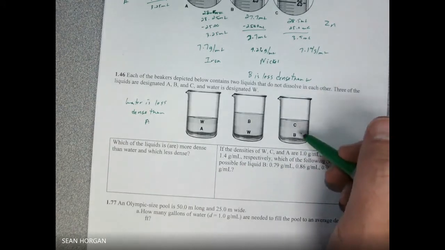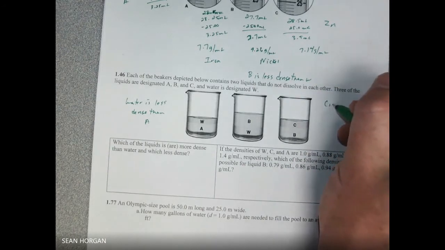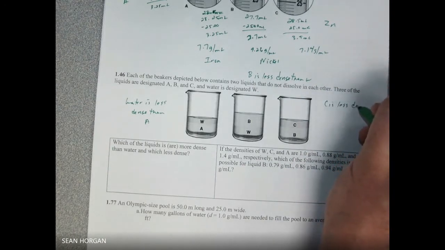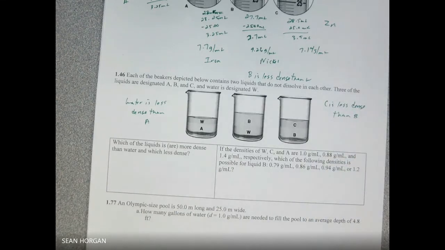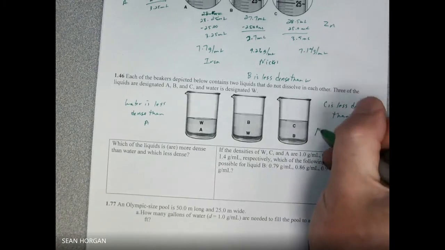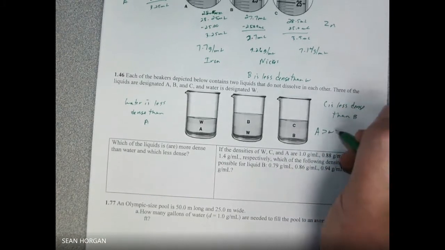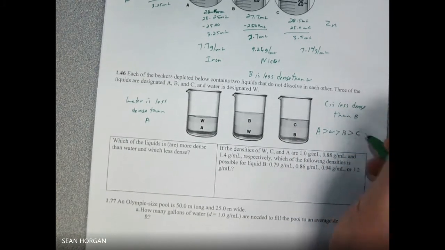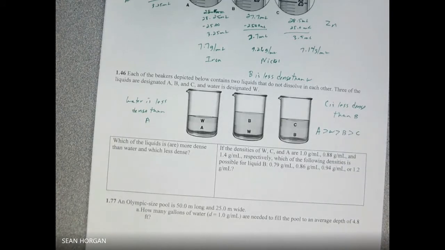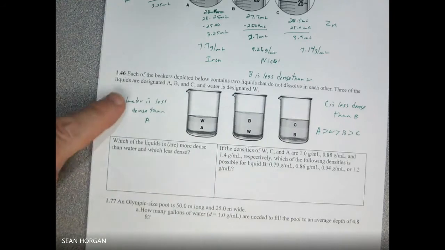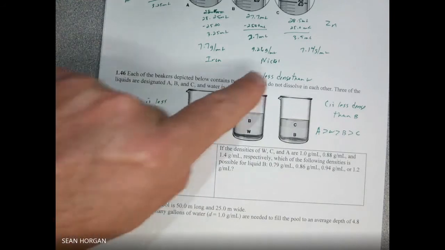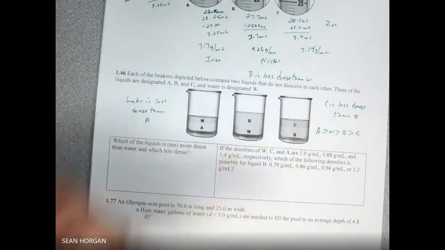And then in the last one, we can see that C is less dense than B. So I kind of get an order here. I'd say that A is the most dense, followed by the water, followed by B, and followed by C. So C is the least dense, based on that information. A is greater than W, W is greater than B, and B is greater than C.